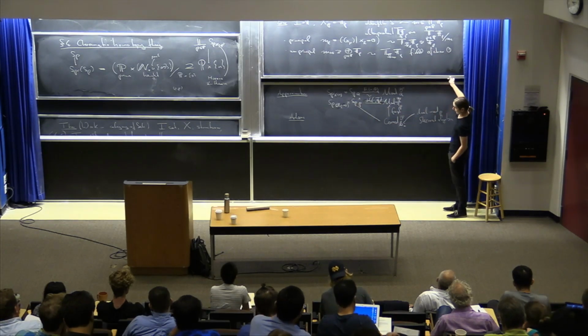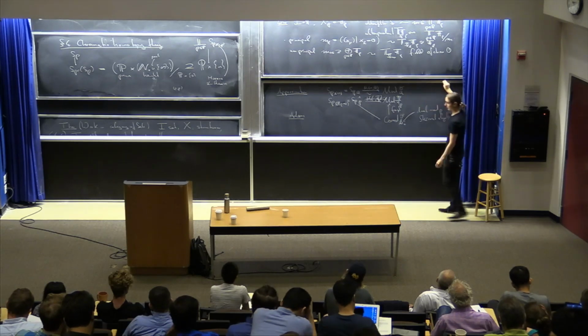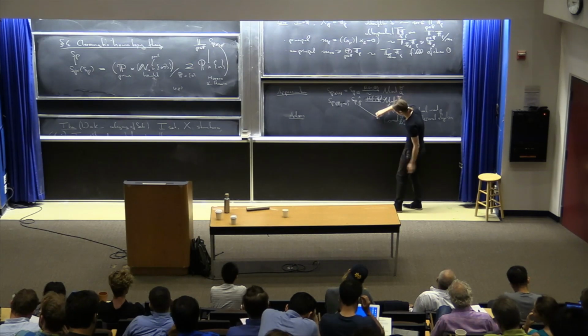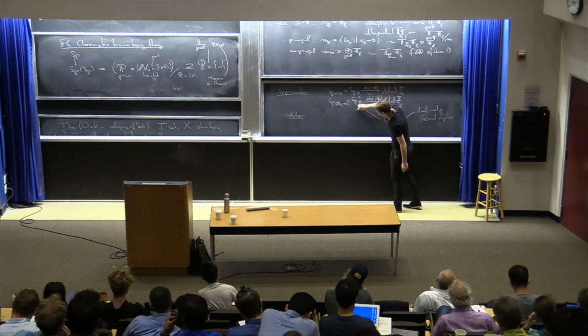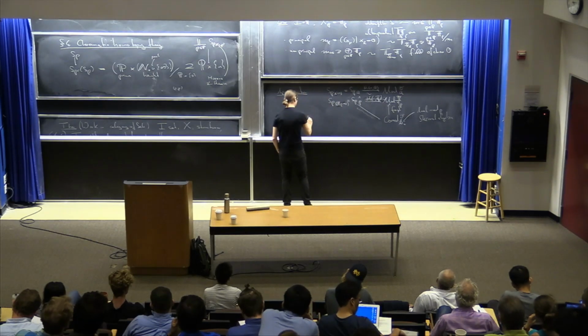And you would like to ask, how good of an approximation is this category to the p-complete category? Adams answers this in the following way. He says, you can kind of go back using the Adams spectral sequence.